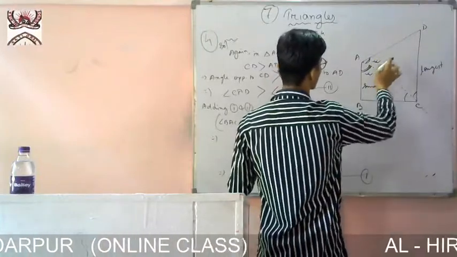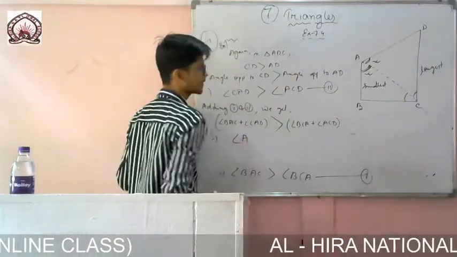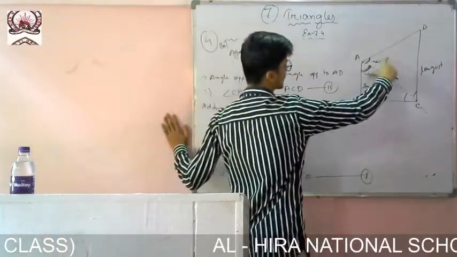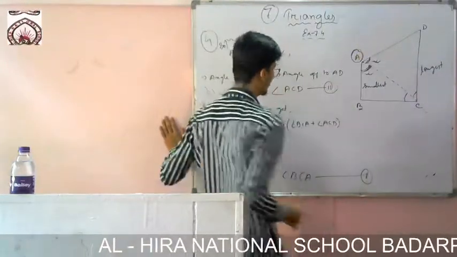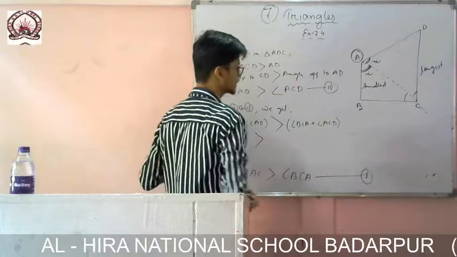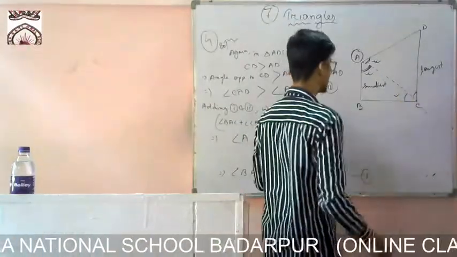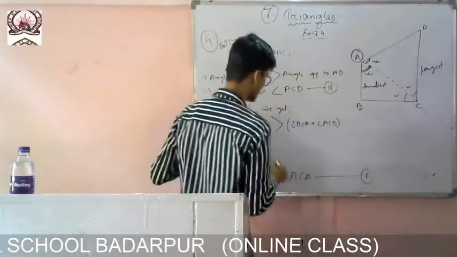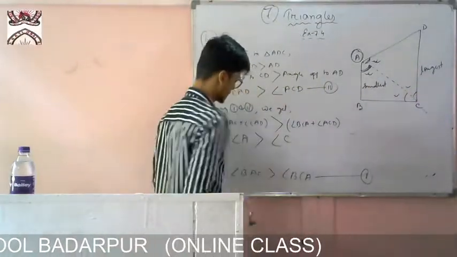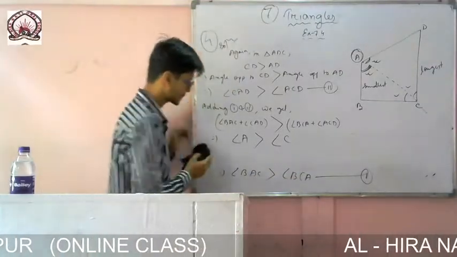So this angle plus that angle means the whole angle A, which is greater than BCA, this angle, plus angle ACD, that angle. This one plus that one will also be equal to angle C. So angle A is greater than angle C.